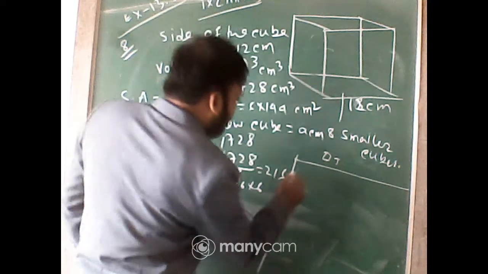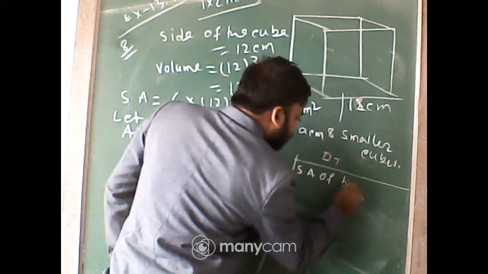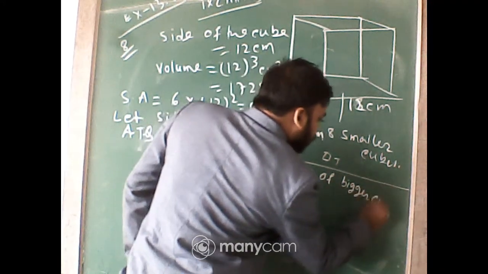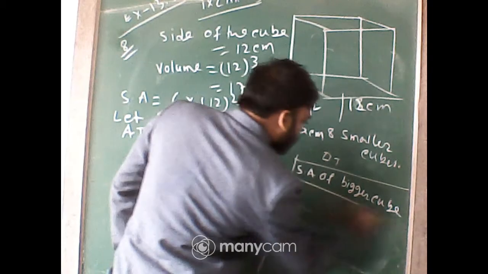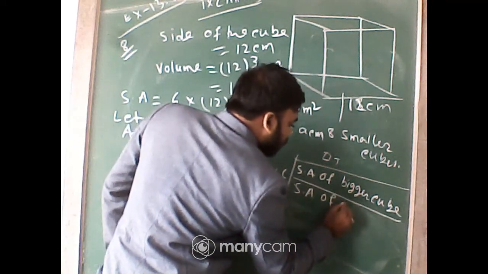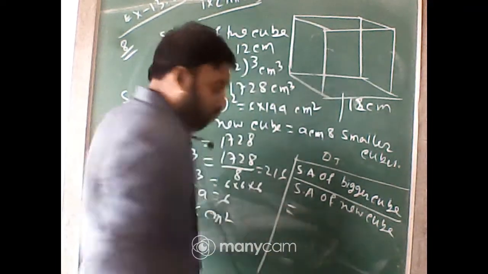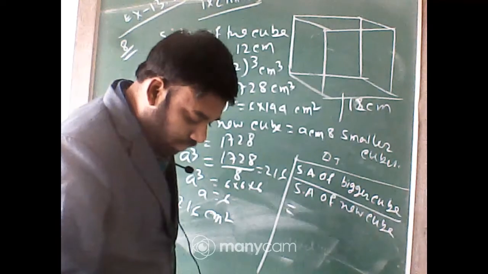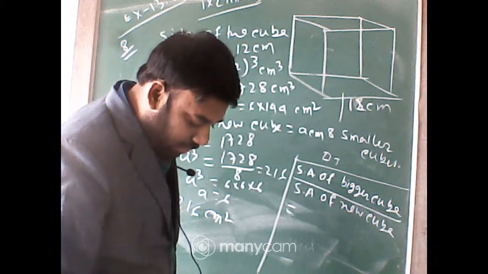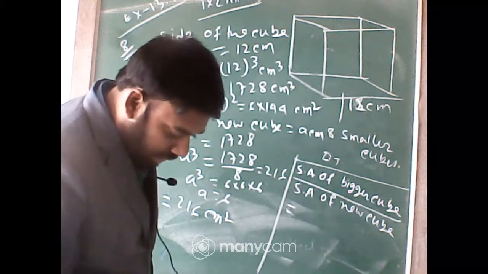So the surface area of the bigger cube by the surface area of the new cube equals, what will it be? Solve the rest part quickly.